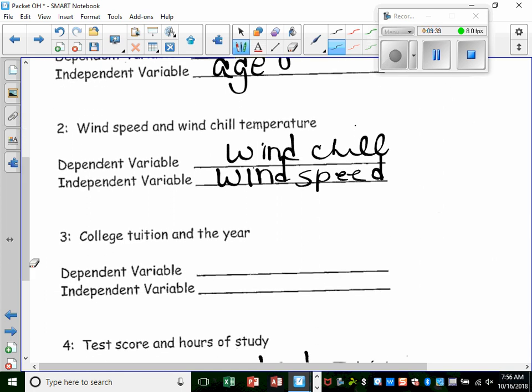Okay. So now we have college tuition and the year. And typically, guys, time is independent, whether it's in years or hours. Also, age is a kind of time. So the independent variable would be the year.